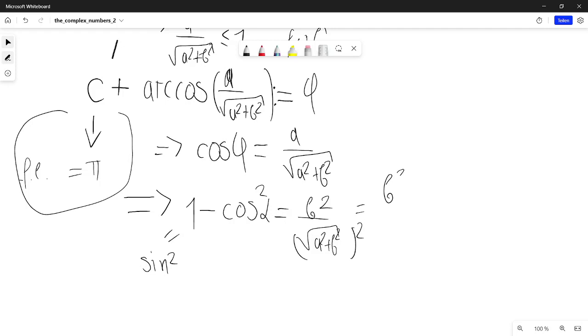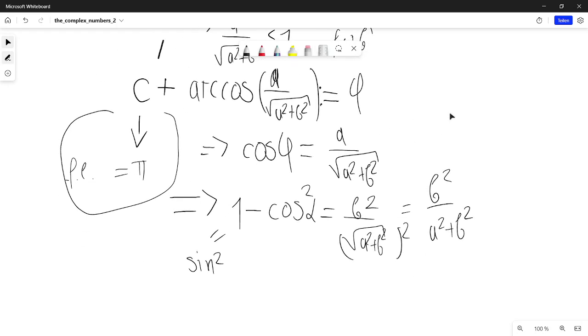Which is equal to b squared plus b squared, right? And that means that this is equal to sinus if we take the square, right? This is an important thing.